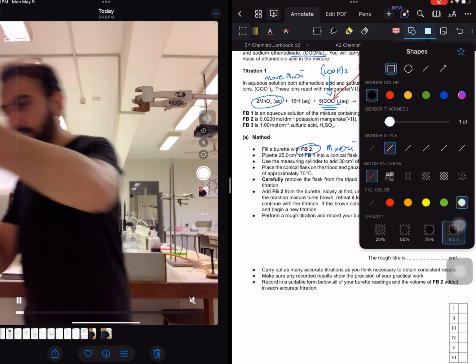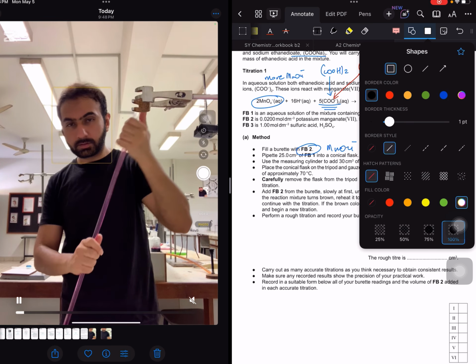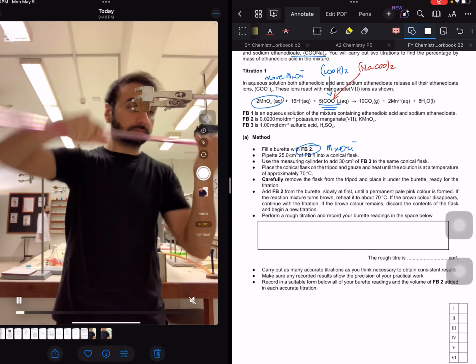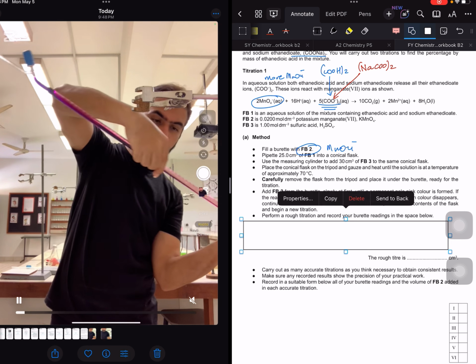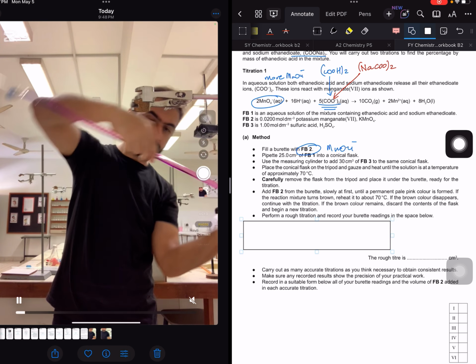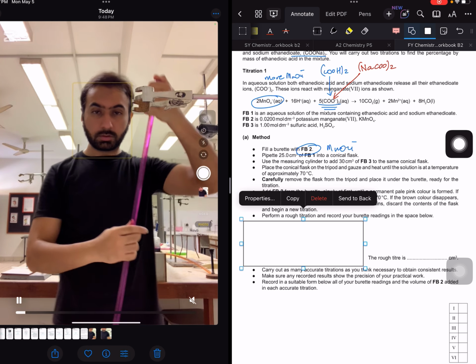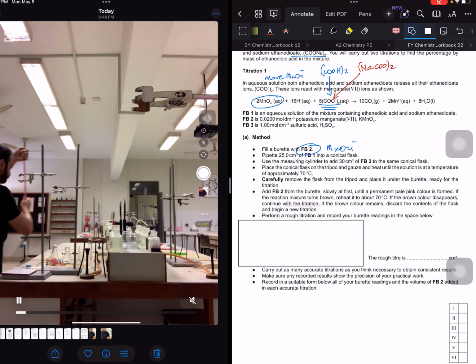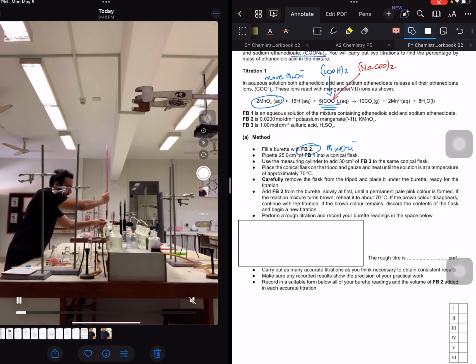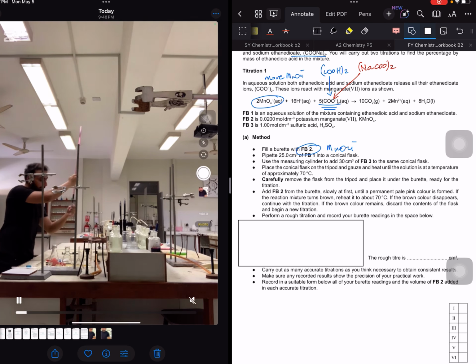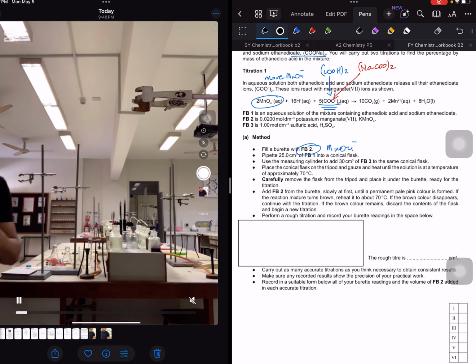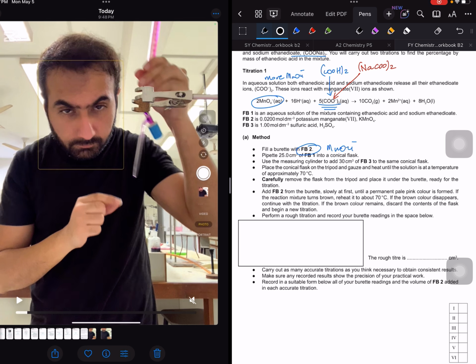I will be making my table on this side. So this is my rough titration table. You can see me rinsing on the other side. So while I am coming back from rinsing, you can see me complete the titration. So I'll pause myself.